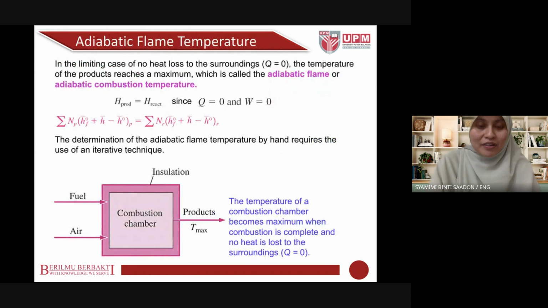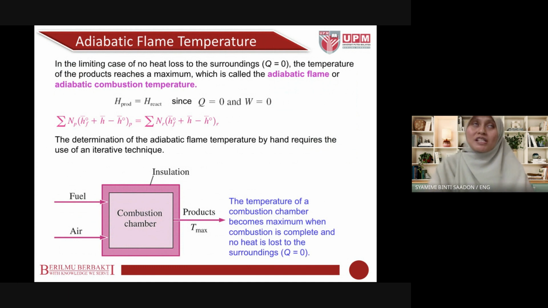Okay, adiabatic flame temperature. In the limiting case of no heat loss to the surroundings, which is no Q in or Q out, the temperature of the products reaches a maximum, which is called the adiabatic flame temperature or adiabatic combustion temperature.